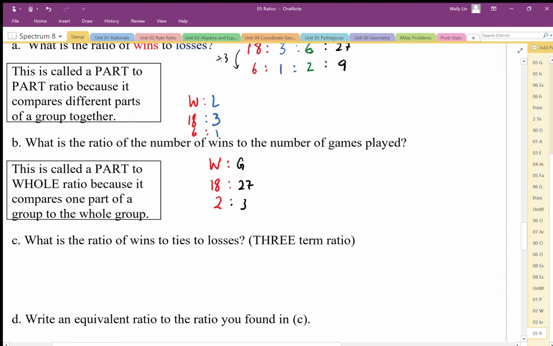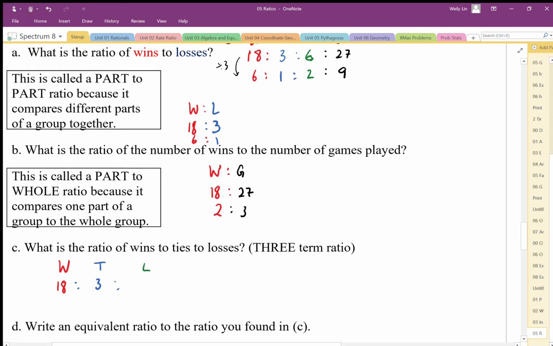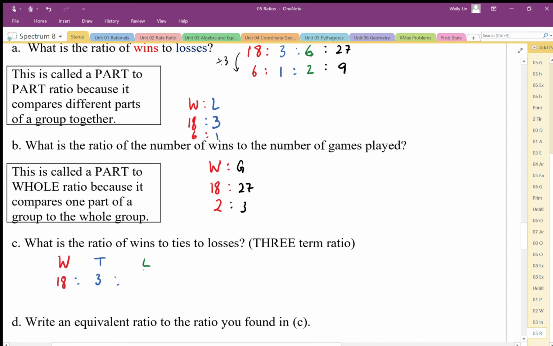So what's the ratio of wins to ties to losses? In a 3-term ratio, it's going to be wins, 18 wins, to ties. Sorry, wins to ties to losses.